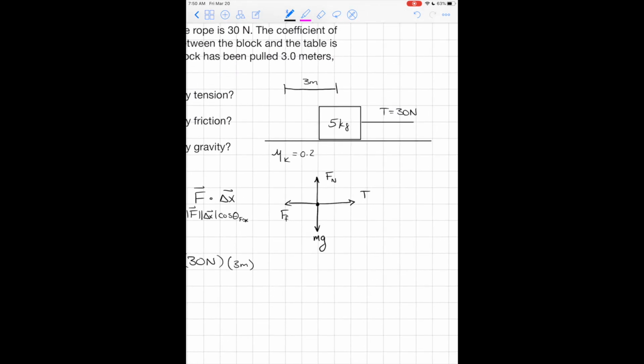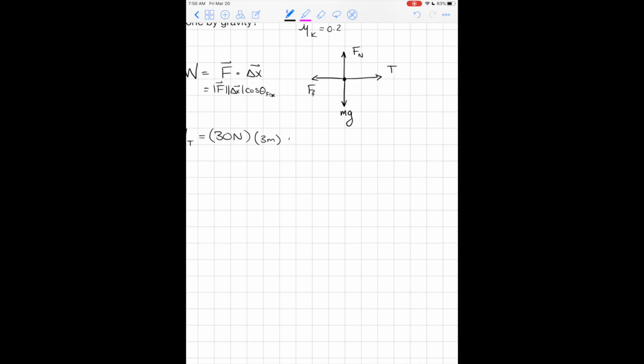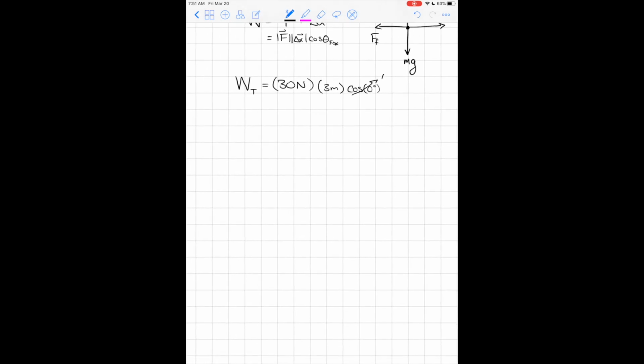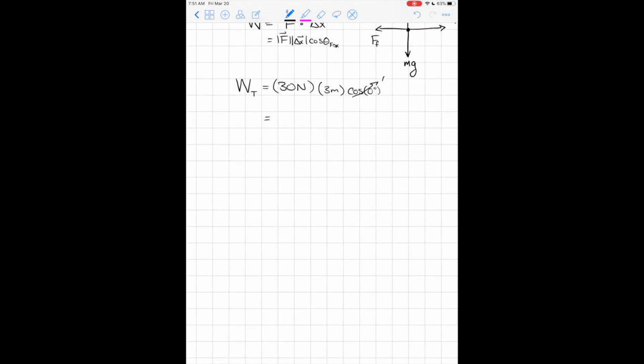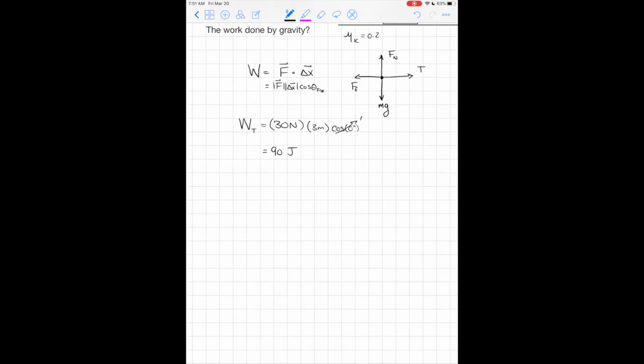Now if I think about the displacement vector, it's pointing this way. My tension vector is pointing this way. What's the angle between these two arrows? Well, it's 0, right? They're pointing in the same direction, so the angle between them is 0 degrees. Of course, cosine of 0 is 1, so I'm really just left with a total of 90 newton meters, which we said in a video is a joule. So we have 90 joules of work being done by tension.